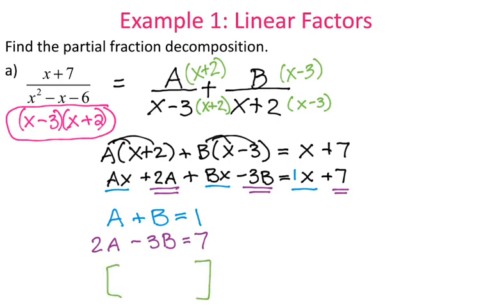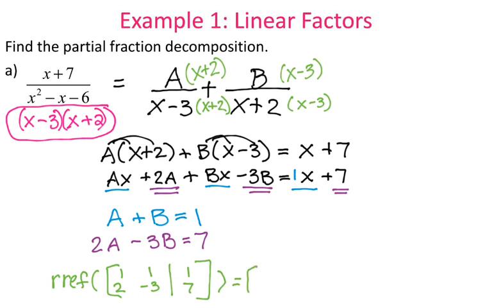This one is a 2-variable system, so I have 1A, 1B equals 1, 2A minus 3B equals 7. And in my calculator, I'm going to do the reduced row echelon form, RREF, typing that in. Give me a second, I'm going to put it into my calculator.